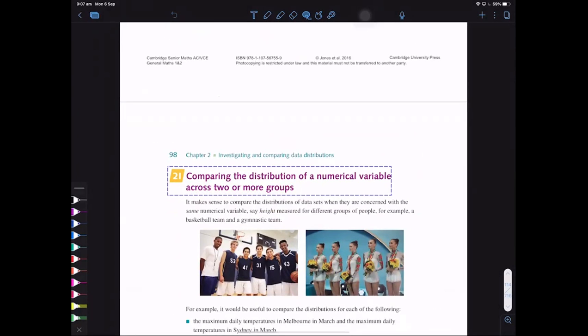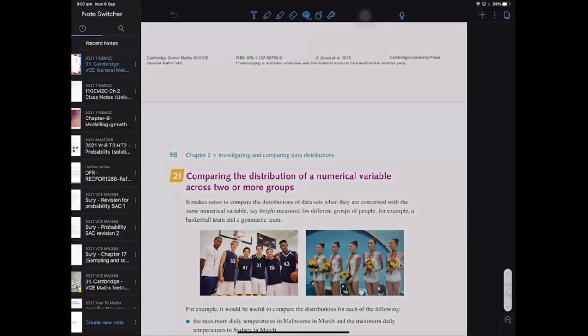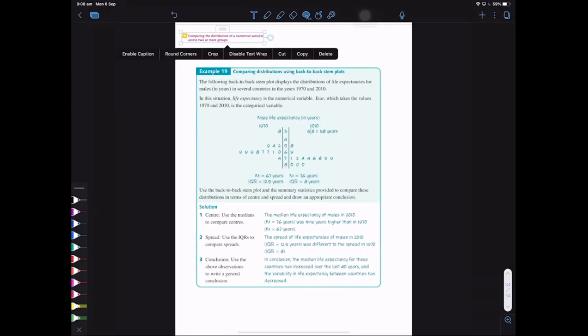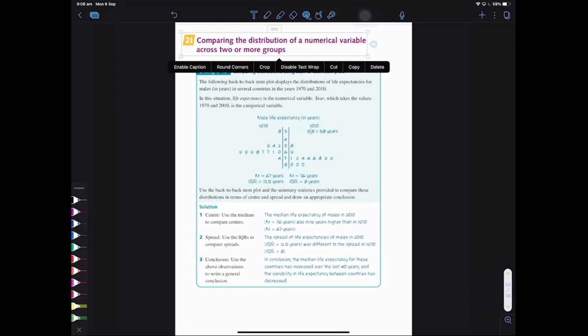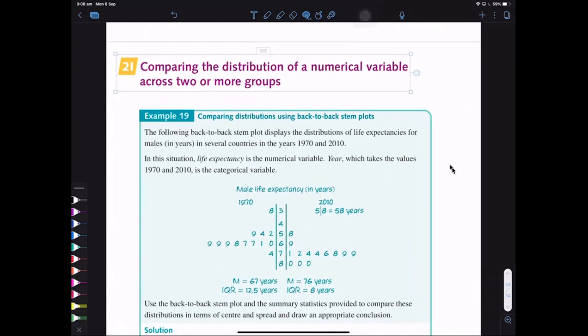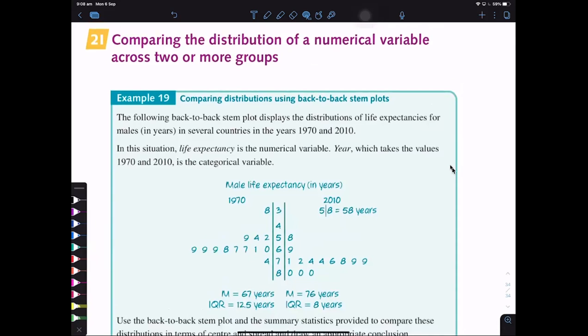And we might also go to a year 12 question and analyze what kind of language they use to compare parallel plots as well. So I'm just thinking if we could go back to that body mass index one. And then we might have a look at that one together. Okay. So here it says, the following back-to-back stem plot displays the distribution of life expectancies.